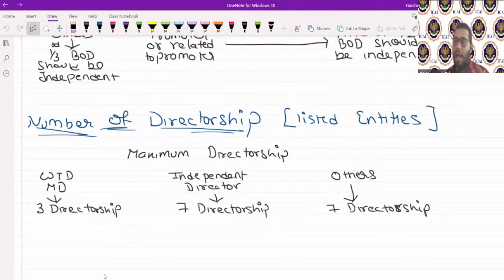I am the director. I should provide my opinion. I should provide my comment. I should be part of the board meetings and take decisions. If I'm part of 100 company boards, then is it possible for me to reach 100 companies? So these regulations increase corporate governance, increase participation, and ensure that whatever decisions are taken, whatever activities are being performed, are in the interest of stakeholders.